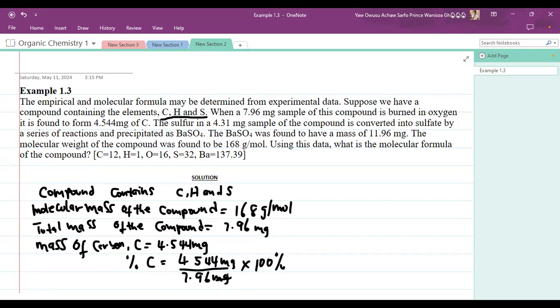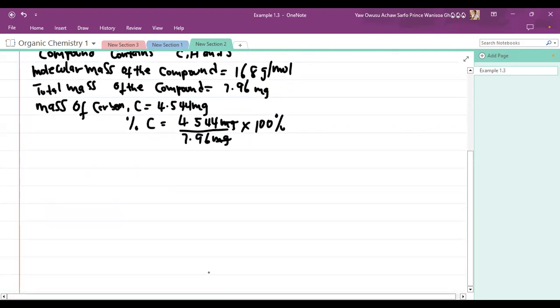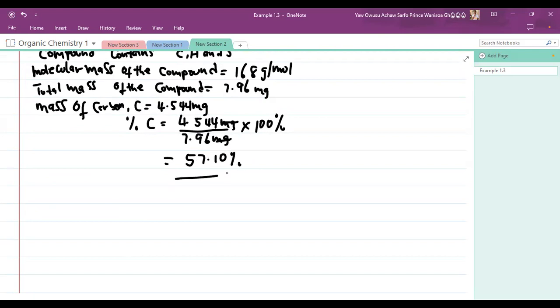So milligram will cancel milligram. Our final answer is 57.10%. So we now have our percentage of carbon, but the only source of sulfur from the question is barium sulfate.